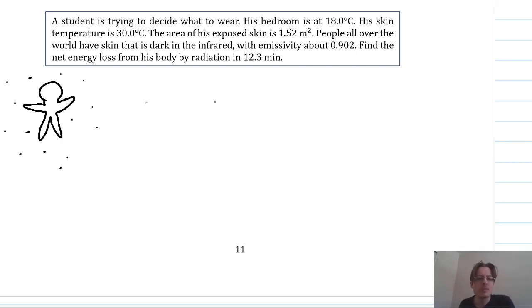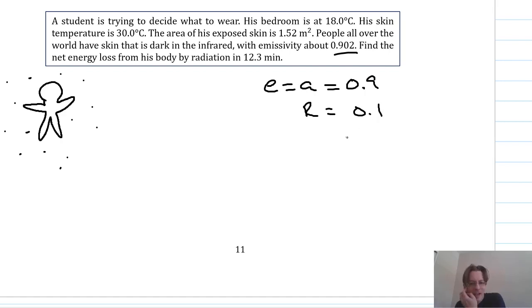So we're supposed to assume that our skin has an emissivity of about 0.9. That means that the emissivity is equal to the absorptivity, which is about 0.9. In other words, the reflectivity value is about 0.1. We reflect about 10% of the light that hits our body and absorb the rest.